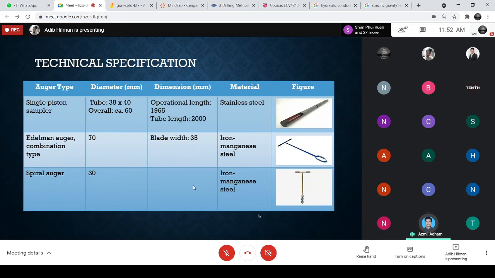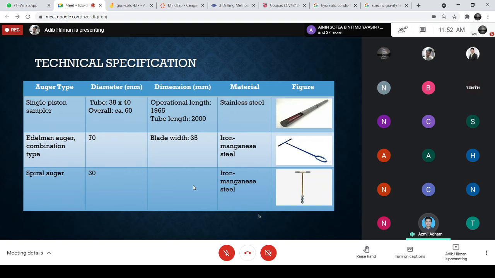For the dimension, the operational length is 1965 millimeter, and the total tube length is 2000 millimeter. The material of the single piston sampler is stainless steel.